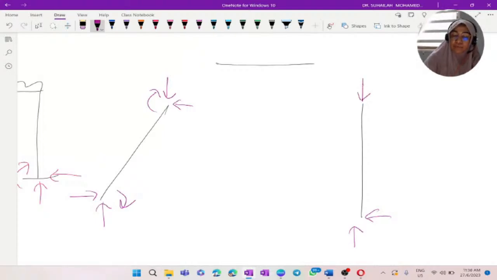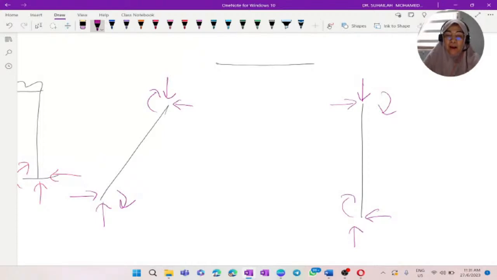So we have internal forces in horizontal direction and in vertical direction. And don't forget, we have moment representing the member, or internal moment, or bending moment.